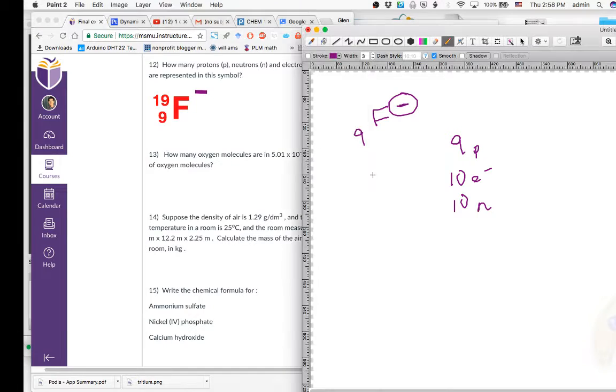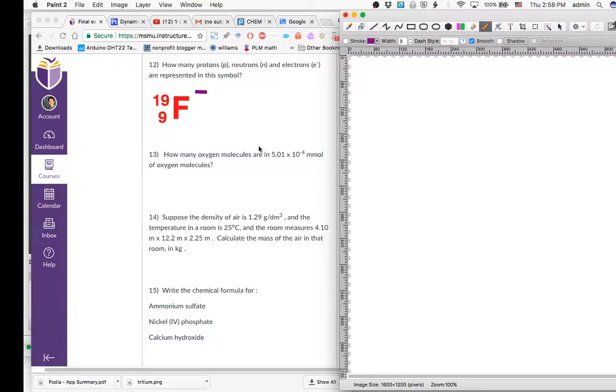Number 13. Oxygen molecules in a bunch of millimoles. This is a calculation problem, so I want the number of molecules. So I could start this with the number of molecules, which is related to the mole. This many molecules are in 1 mole, okay?